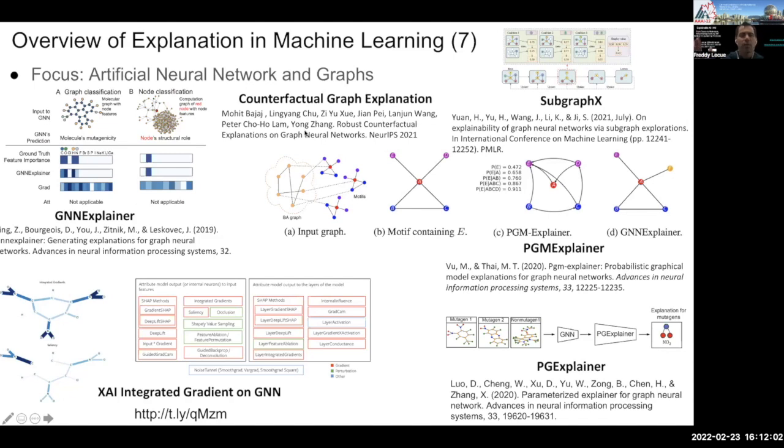A lot of techniques I mentioned earlier, like integrated gradients and Grad-CAM, are based on neural networks. Usually when you have a graph, you can build a graph neural network, and then you can apply the classic integrated gradients or gradient-based explanation techniques.